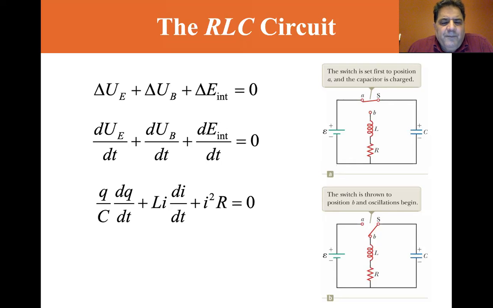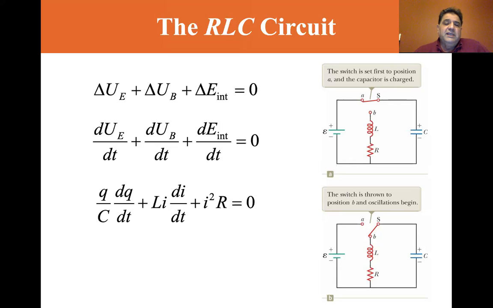Now we know dq/dt. Let's start by looking at that first term, Q/C dq/dt. Well, dq/dt is equal to I. So basically that's Q/C times I plus L i di/dt plus I squared R equals 0. Now let's take out an I from each term.